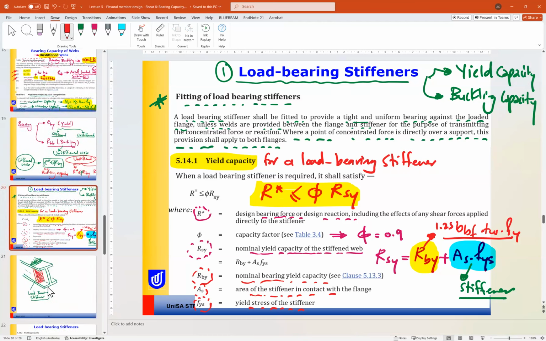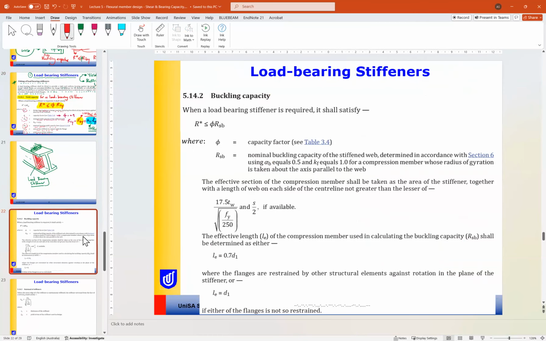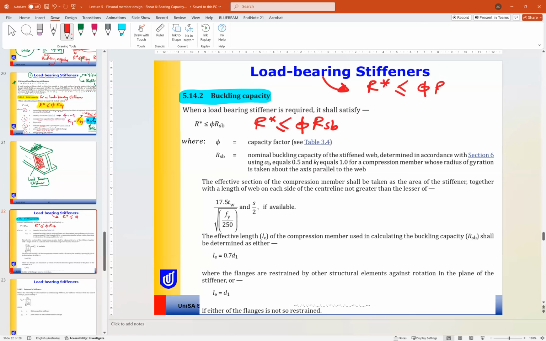The next criteria for bearing stiffener design is the buckling capacity. For buckling capacity, we have again R asterisk should be less than or equal to phi RSB. So for the stiffener, we have R asterisk should be less than or equal to phi RSY and phi RSB.